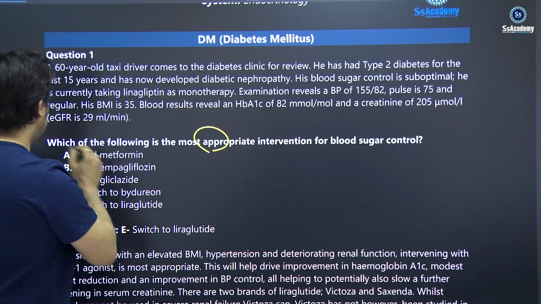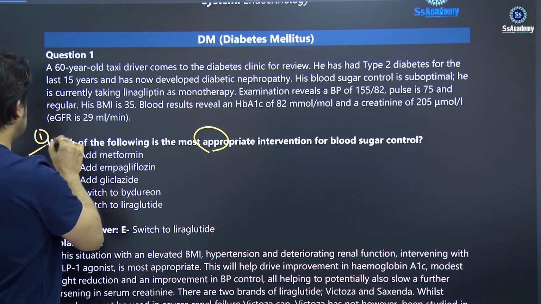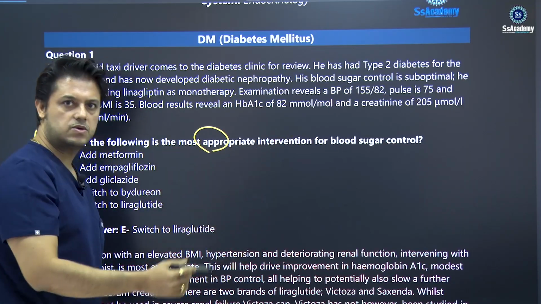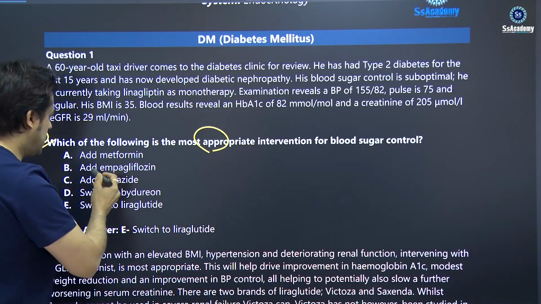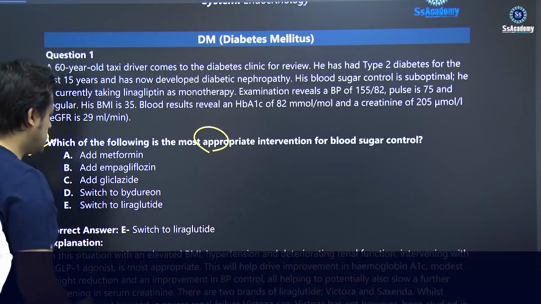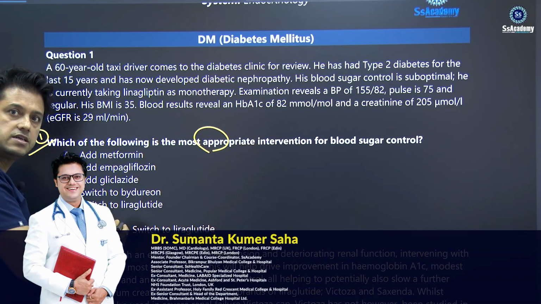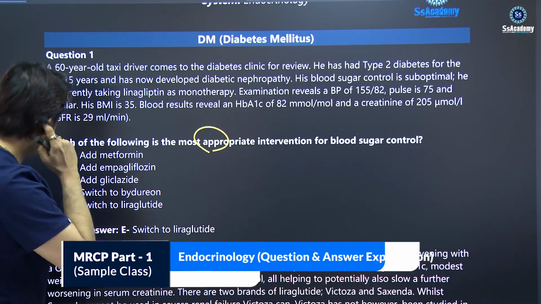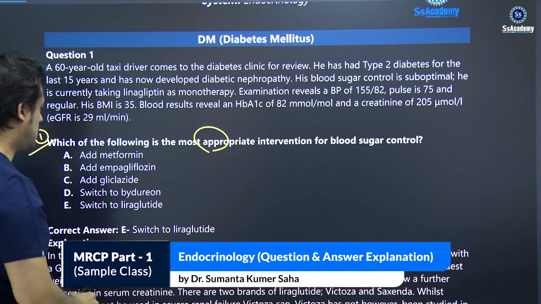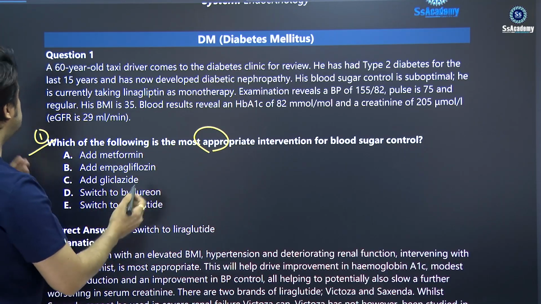As I say, the first step, you should read the main question rather than reading the full scenario first, then go to the answer options like add metformin, add empagliflozin, add glycoside, switch to the biduren, and switch to liraglutide. So these are the options.